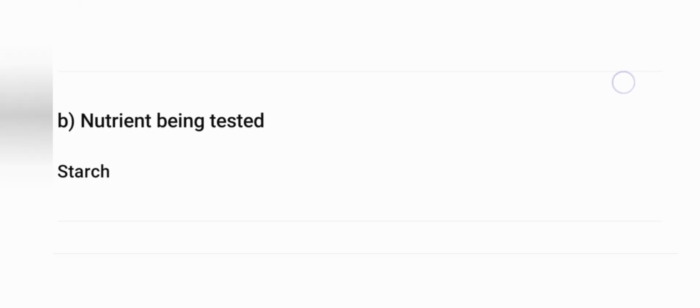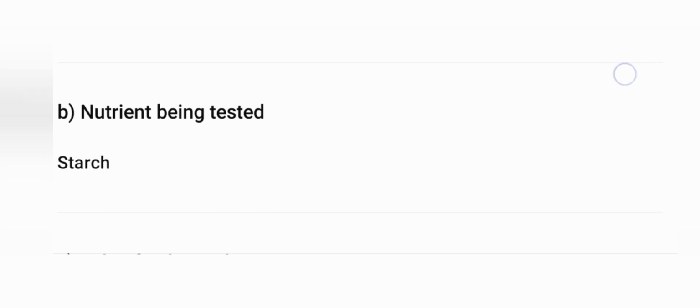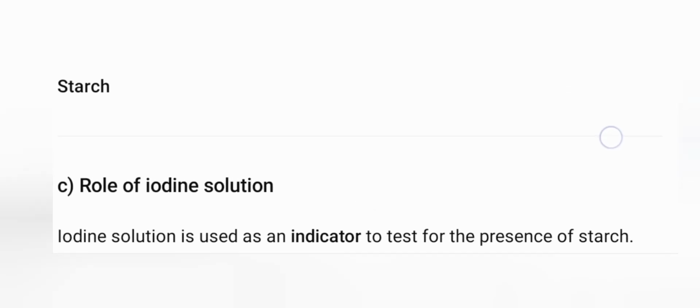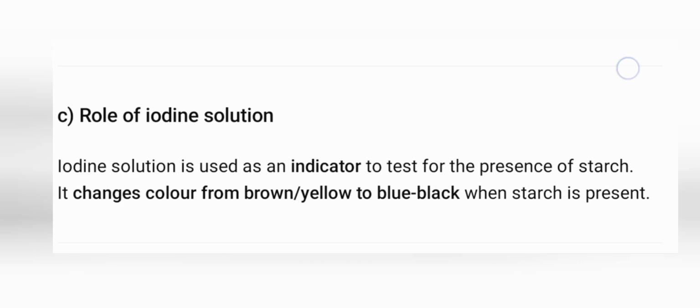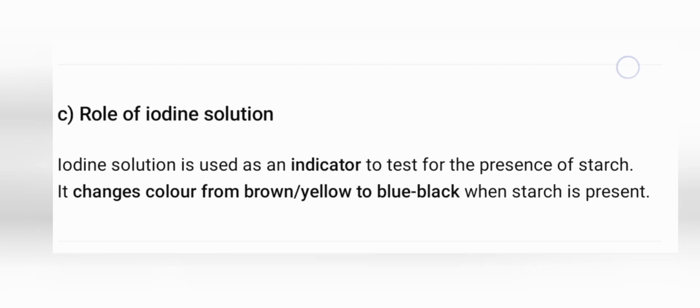Nutrient being tested is starch. Role of iodine solution: iodine solution is used as an indicator to test for the presence of starch. It changes color from brown or yellow to blue-black when starch is present.